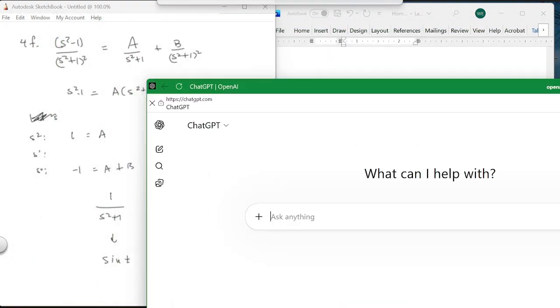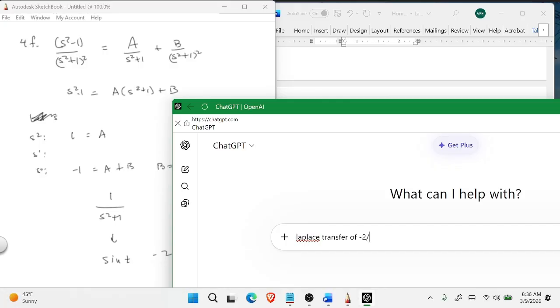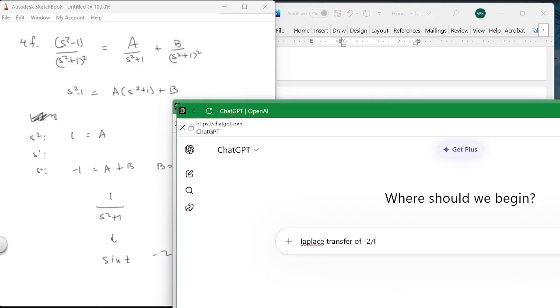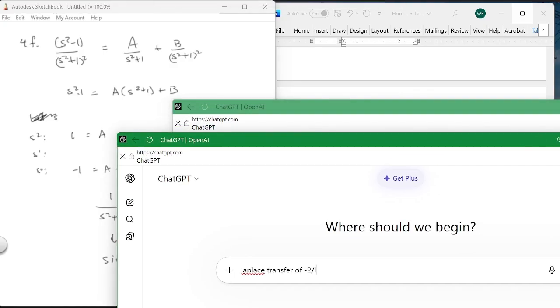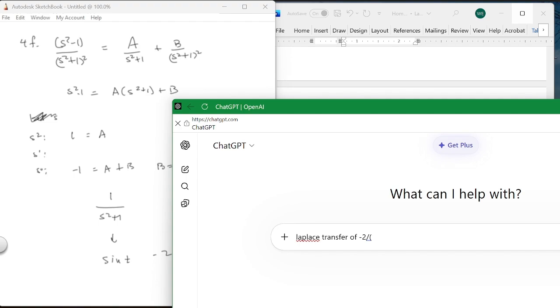All right, I've become a strong believer in ChatGPT. Minus 2 divided by s squared.